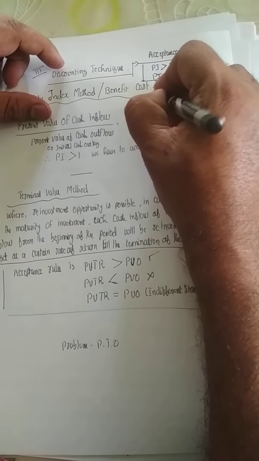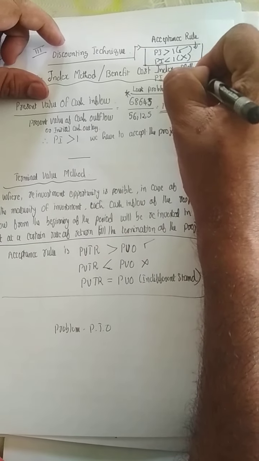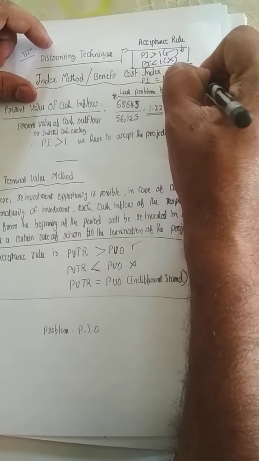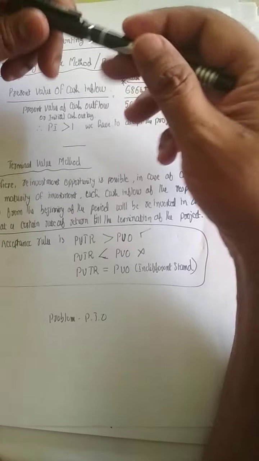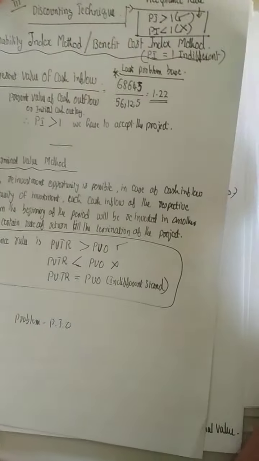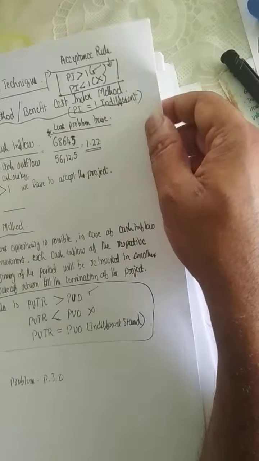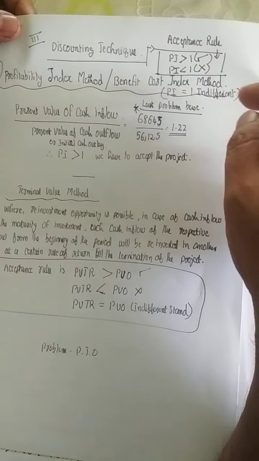If the profitability index is equal to 1, the project is at an indifferent position. In the sense, it is up to the decision maker's choice whether to accept or reject, because there is no profit derived from that project.